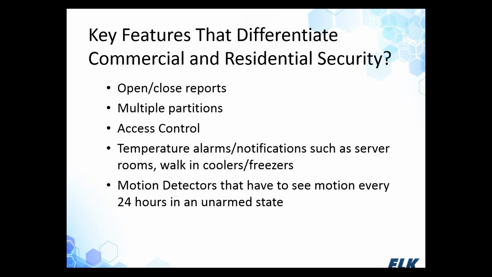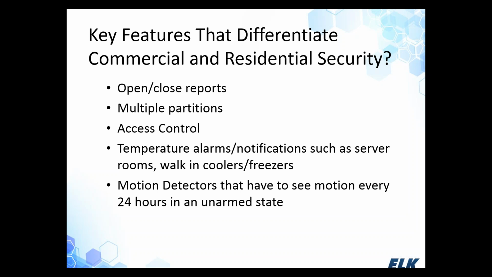We have a feature in the M1 system called a periodic trip. Now, this would mean that, say for instance, a motion detector would have to see motion within a 24-hour period, or it's going to report a condition that this zone needs trip.